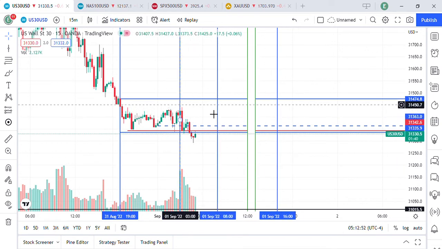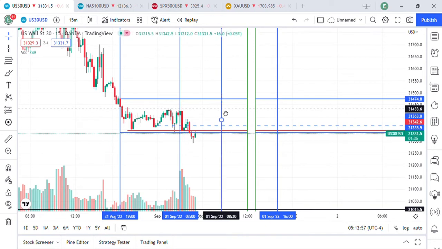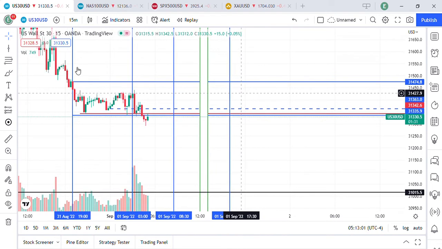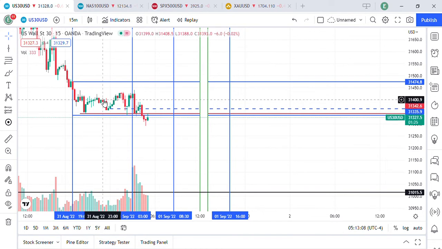Now let's put this horizontal line on 8:30. There we go. New York open 8:30. This is for the US30, not for forex pairs.